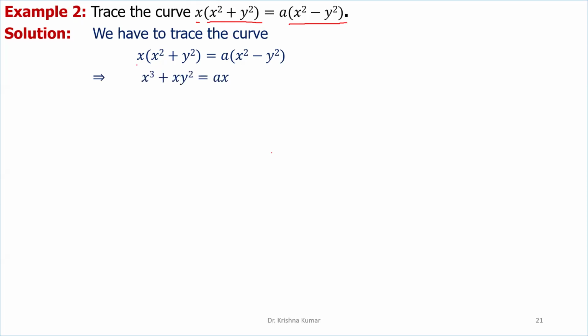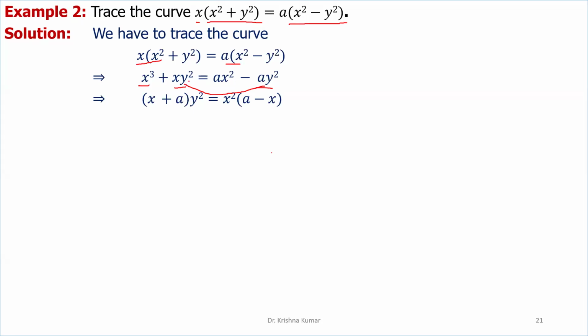So x into x square is x cube, plus xy square, which is equal to ax square minus ay square. Now we can take y square to this side.